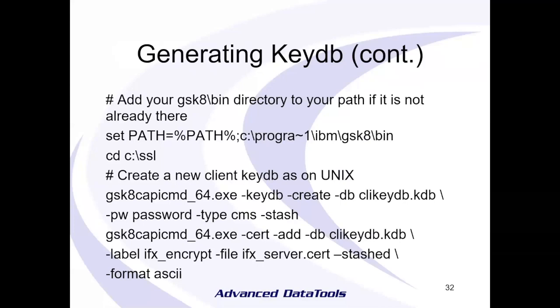We tell it to type CMS and stash, and then we do the same thing we did on the other one, where we do cert add to the client db database, label ifx_encrypt, file ifx_server.cert, stash, format ASCII. So we're taking our cert file we pulled from our Unix box. We've created our client keystore, and now we're adding that certificate to our client keystore.